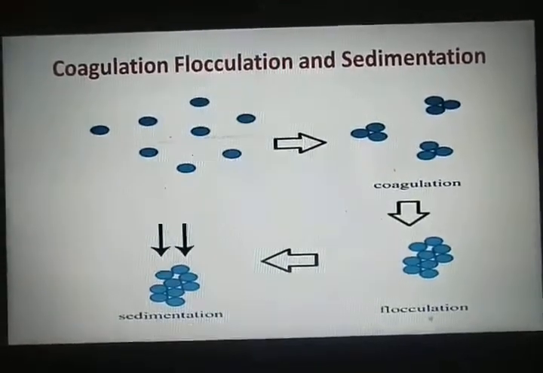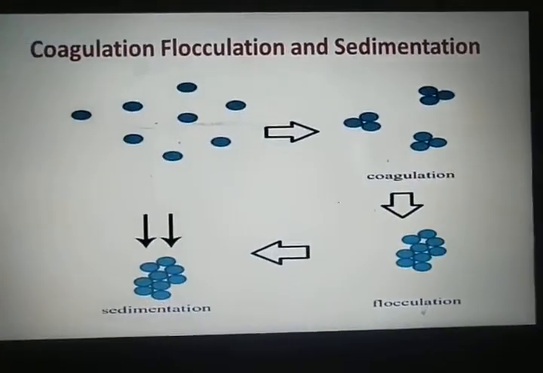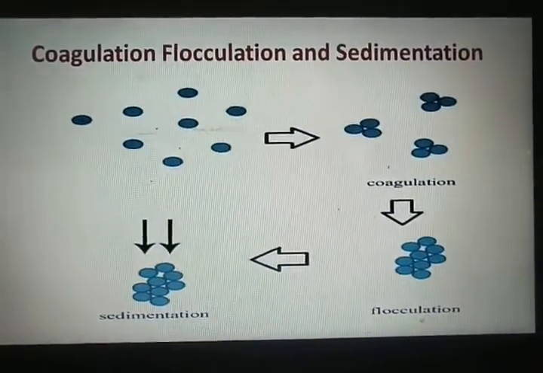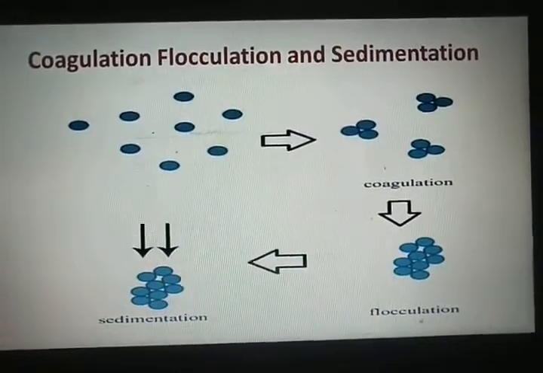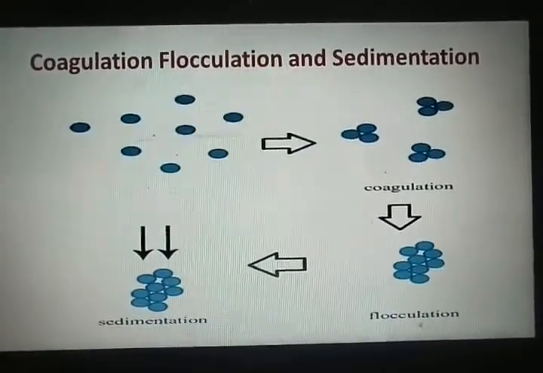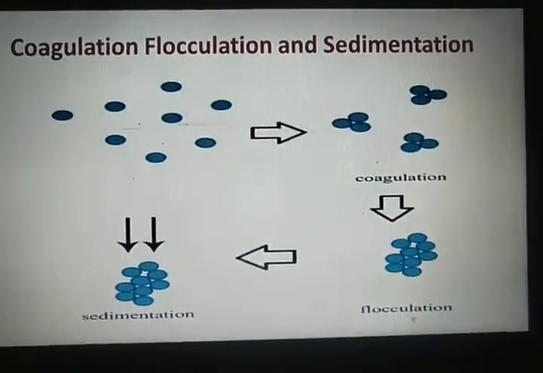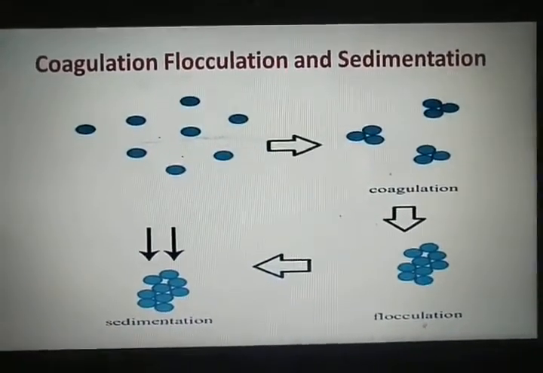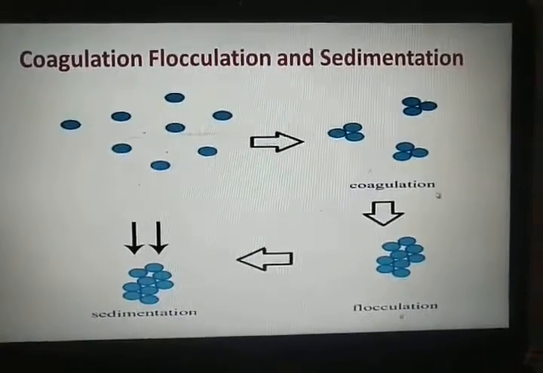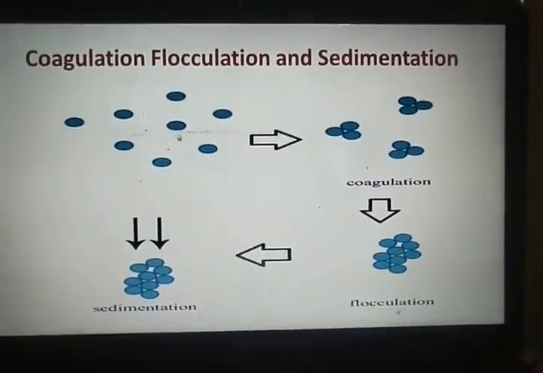Often these three terms are used simultaneously because the processes that take place in a sedimentation tank are preceded by coagulation and flocculation. Okay, so in the first diagram you can see the different types of particles dispersed in a medium. It could be water or any other liquid.